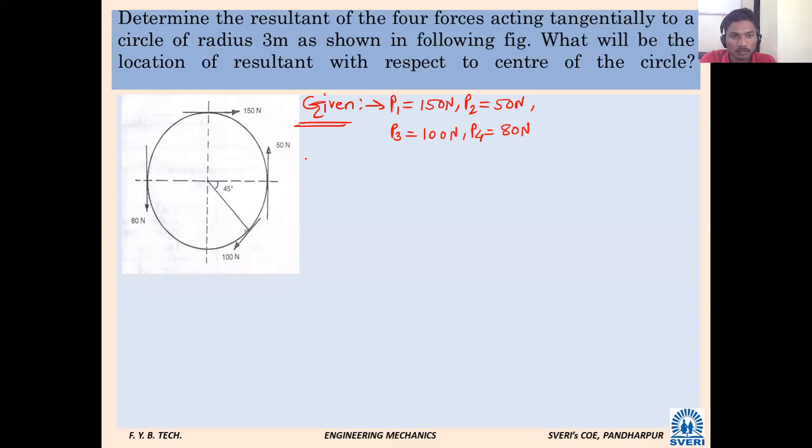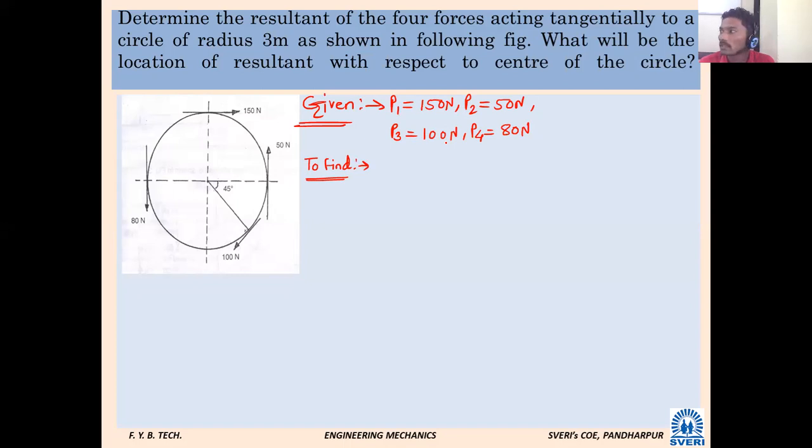And what are we supposed to find here? In the second half of the problem statement, what will be the location of the resultant with respect to the center of the circle?